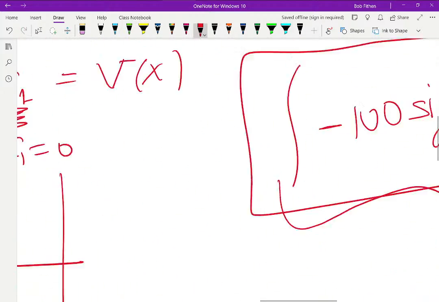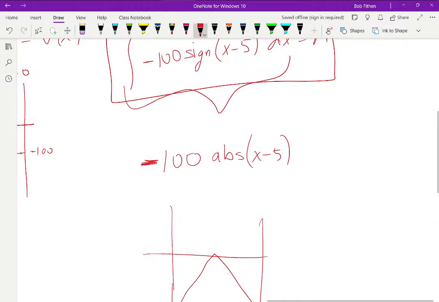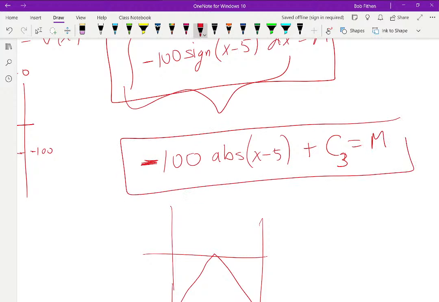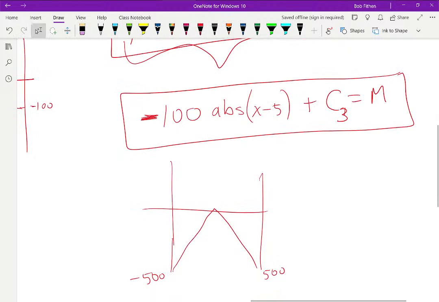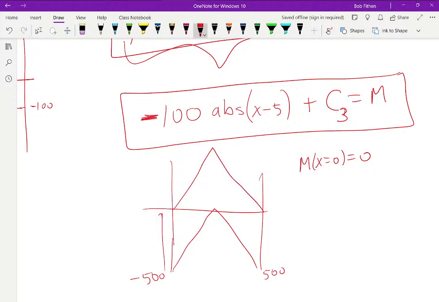So what I had is this plus a constant of integration is equal to the moment. Now, what I needed to do is make sure that my moment at x equals 0 has to be 0. And by doing that, I simply move this hat function up 500.